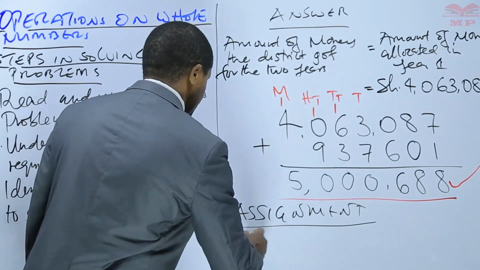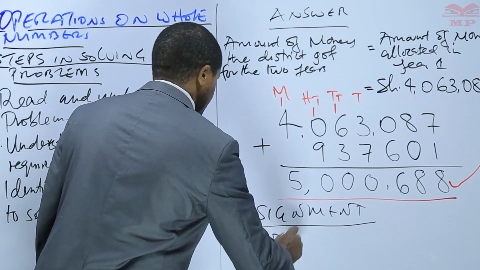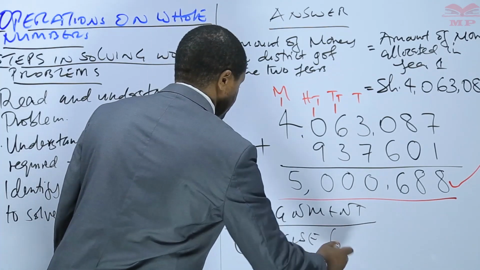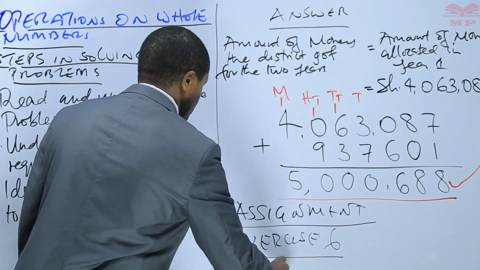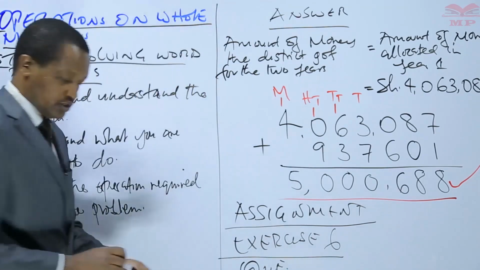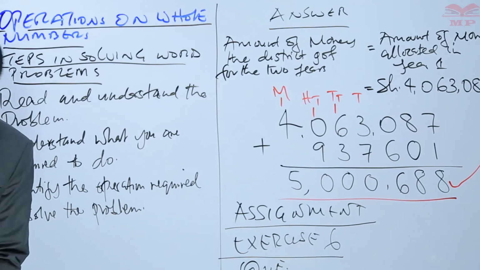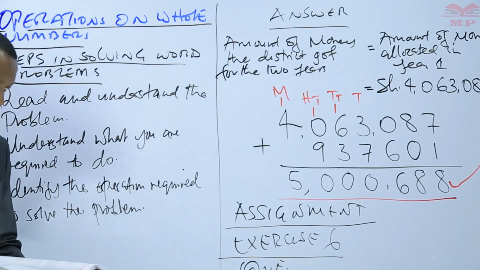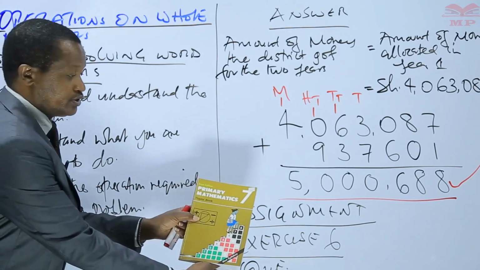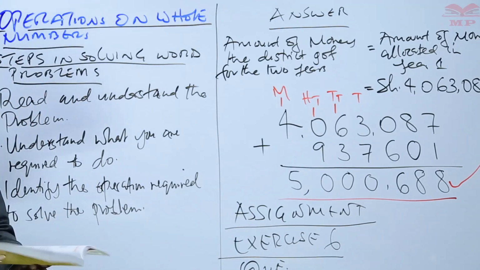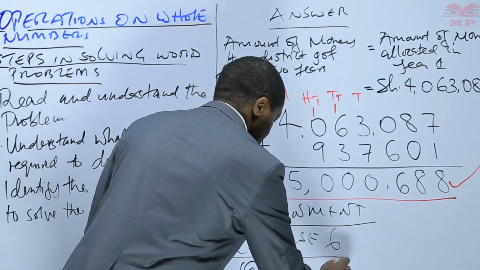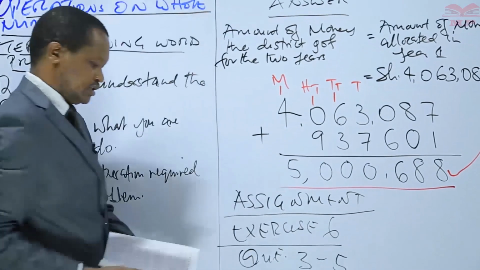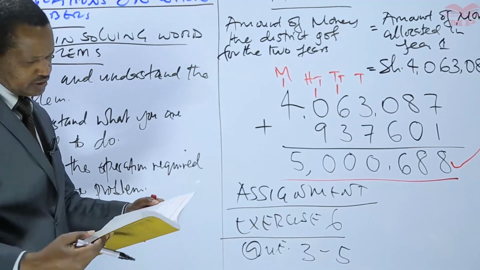The exercise is exercise 6 from the pupil's book. Go and do question 3 up to number 5, the pupil's book. These are just 3 questions.